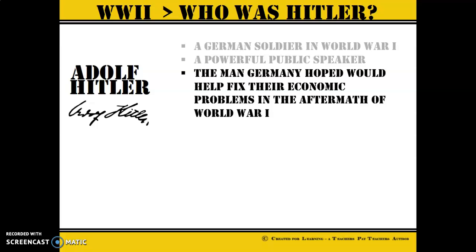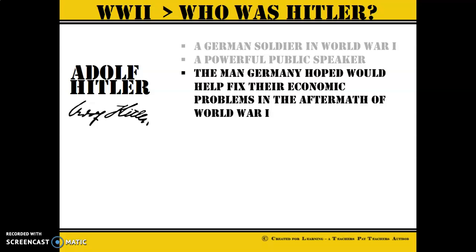They didn't want it to happen again. And so obviously Germany got blamed a lot for things that happened in World War I. And they were told that they had to pay millions and millions of dollars to other countries for the wrongs that they did.